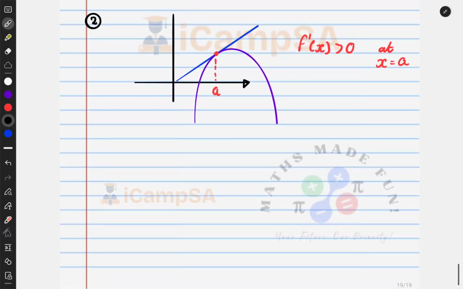And then let's go to number 3. Now if the derivative, let's start with less than 0, if f prime x, the derivative, is less than 0, then you can already know that the function, f, is decreasing.